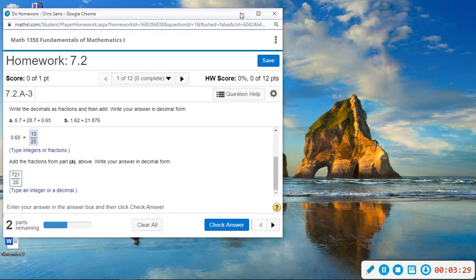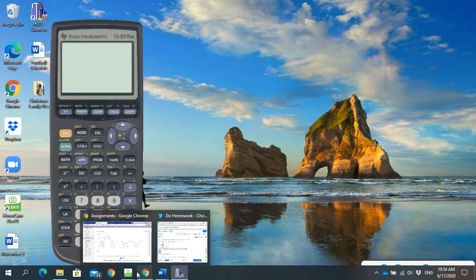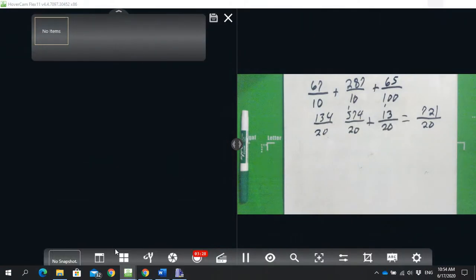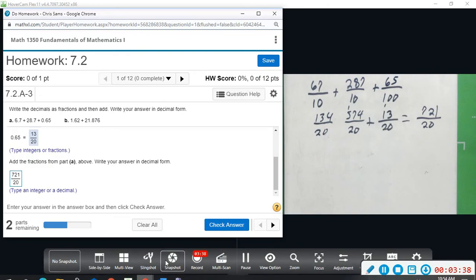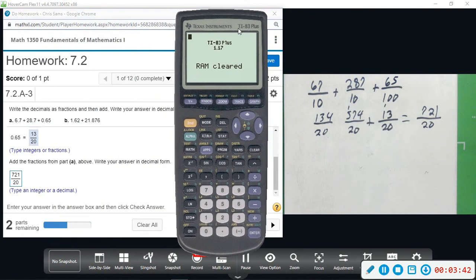Let's get our calculator and double check everything. Okay, here we go. So we know the fraction parts are right. Let me double check the multiplication. 67 times 2, 134.